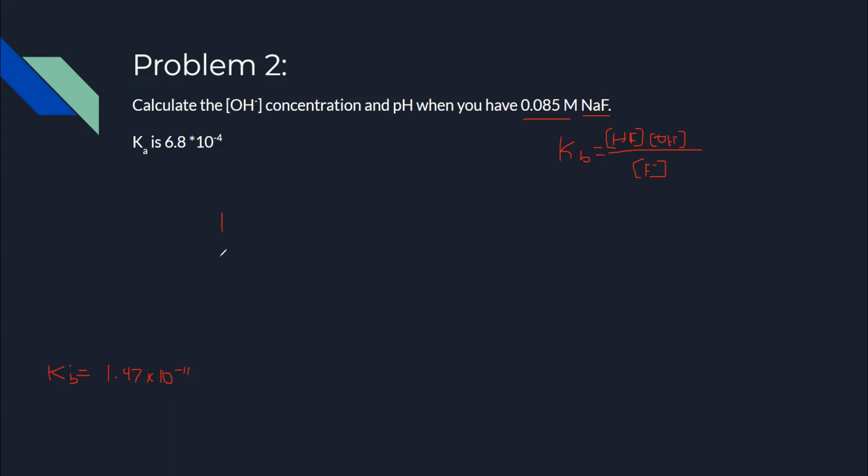So I, C, E, a straight line, and then we do the equation: F minus plus H2O makes HF plus hydroxide.